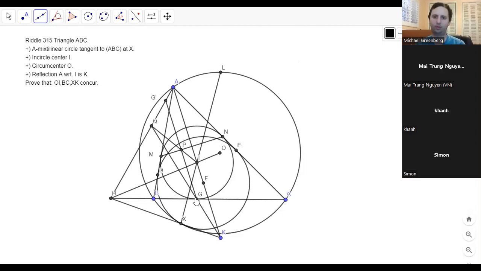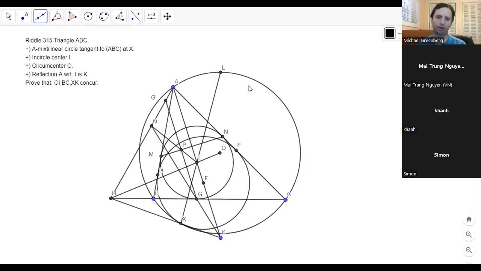The bundle GH, XK, GHXK. How do you know that's harmonic? Let's see.